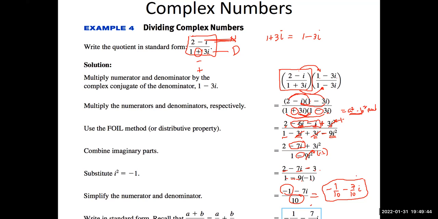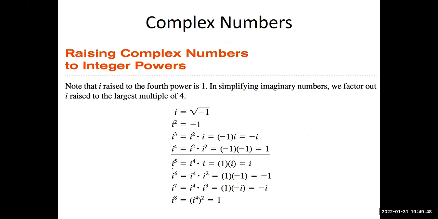So next, raising complex numbers to integer powers. Let's note that i is equal to the square root of negative 1, and i squared is equal to negative 1.